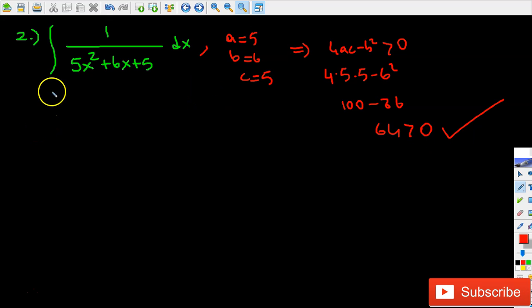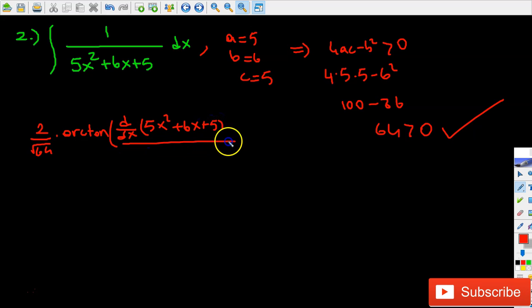I have made a mistake. It should have been times, not minus. So 2 over the square root of 64 times arctangent of d over dx, the derivative of 5x squared plus 6x plus 5, divided by the square root of 64, and plus c.